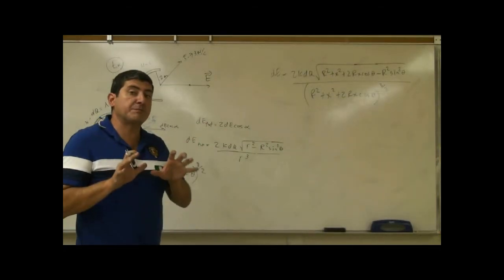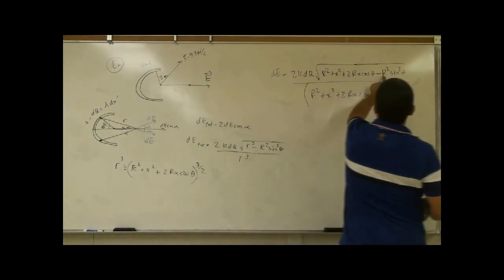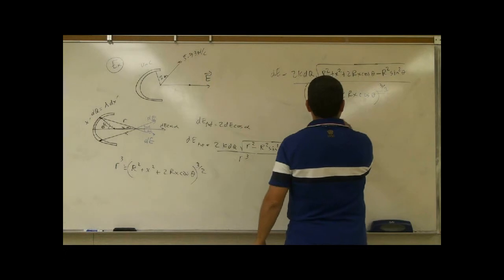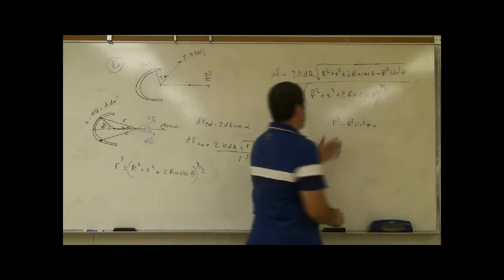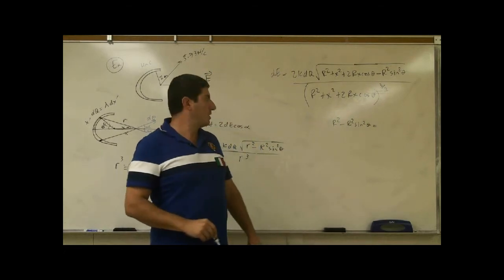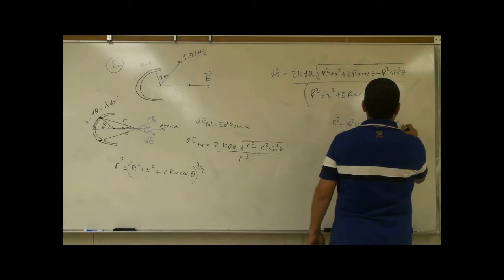We can simplify this one step further. Notice over here we have r squared minus r squared sine squared. Well, you can factor out the r squared. 1 minus sine squared is cosine squared. So you have here r squared cosine squared.